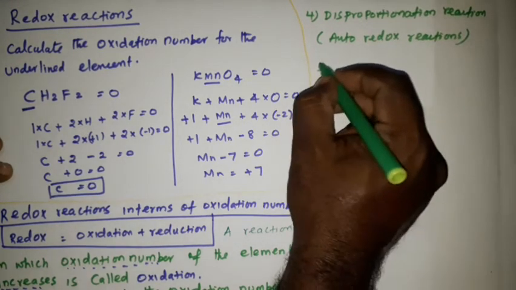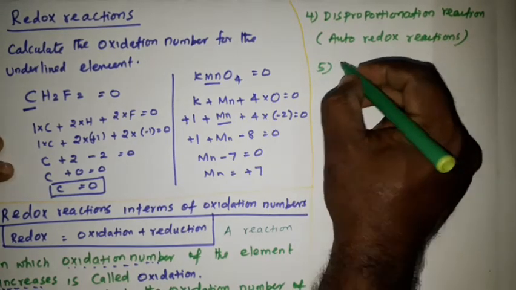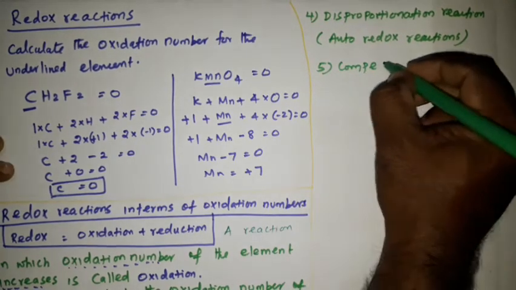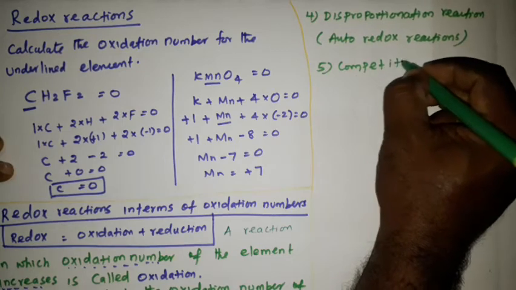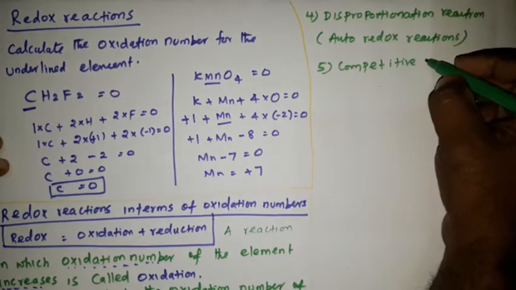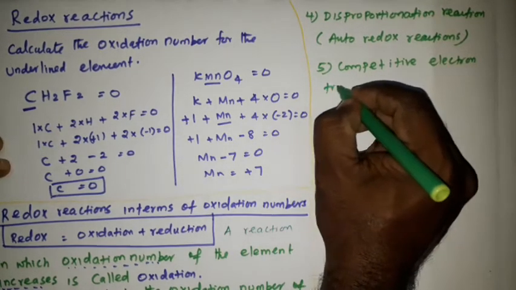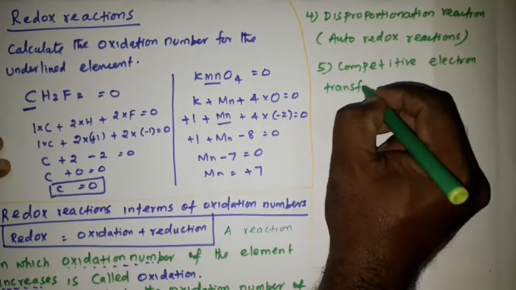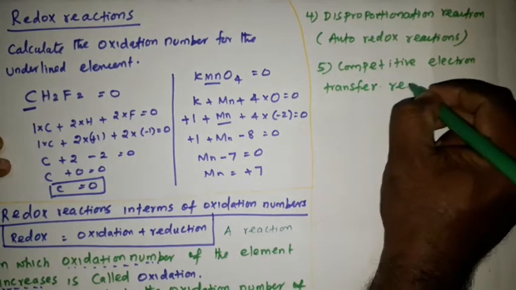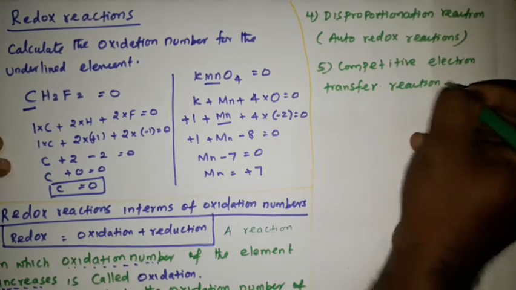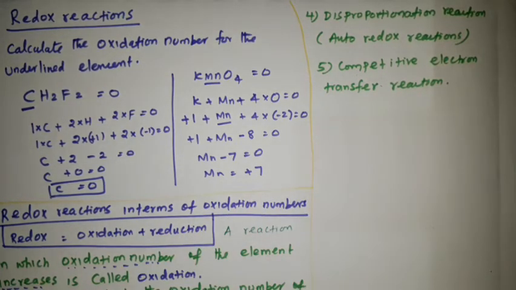Then fifth one is competitive electron transfer reaction. Clear? So there are 5 types.